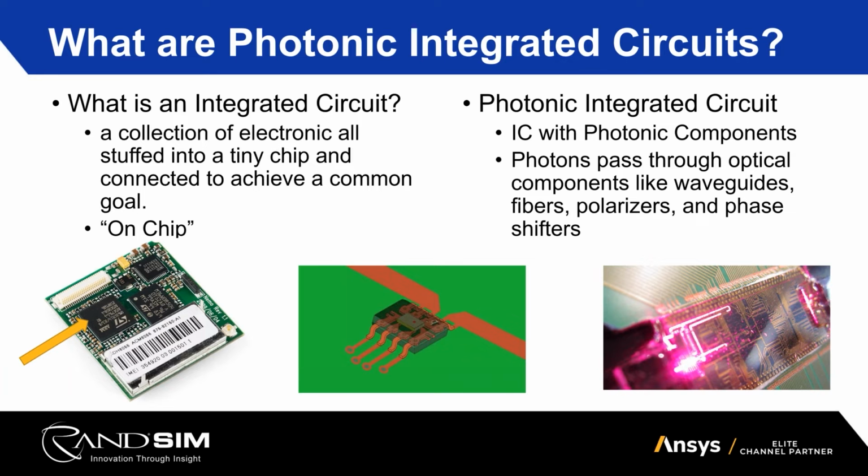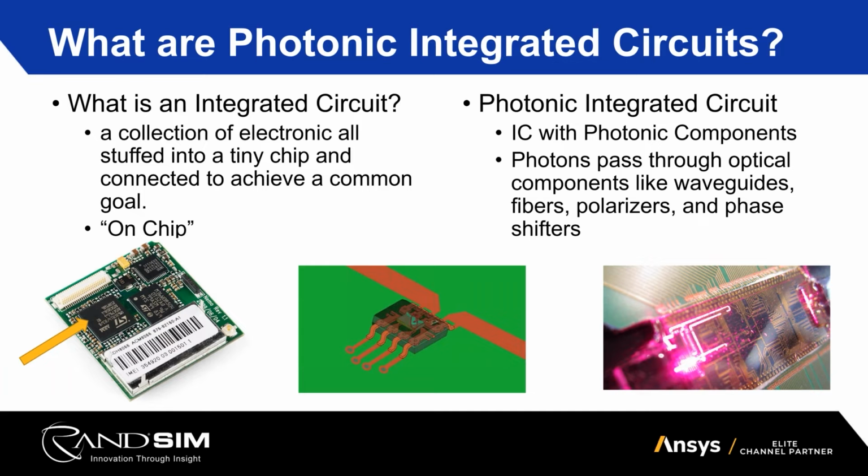They are all connected together to achieve a common goal. They come in all sorts of flavors, like single circuit, logic gates, op amps, voltage regulators, motor controls. This is all just electricity that we're talking about here. So what happens if you were to make it a photonic integrated circuit? So it's basically just an integrated circuit with kind of the same structure, except now we're adding photonic components.